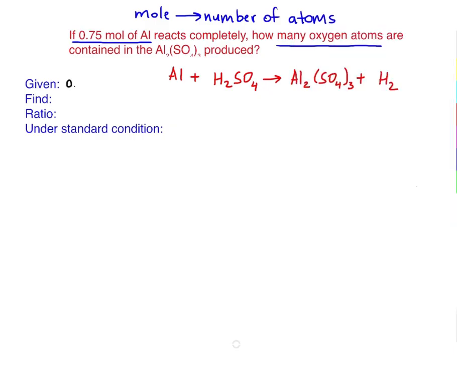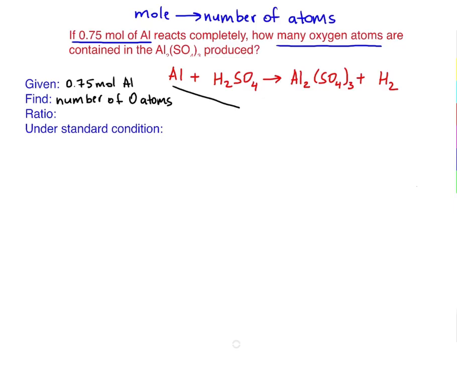And this might be a little bit tricky because you need to make sure you write the correct moles. So the given is 0.75 moles of aluminum, and you need to solve for the number of oxygen atoms.